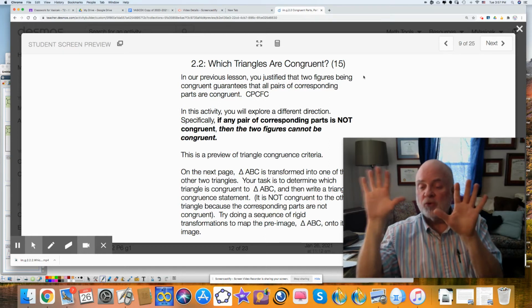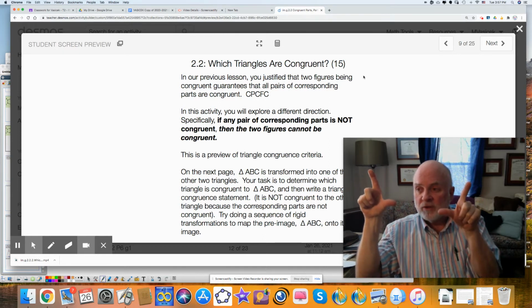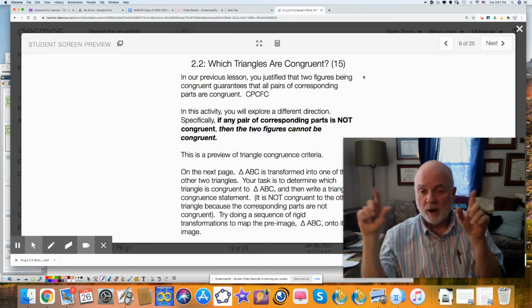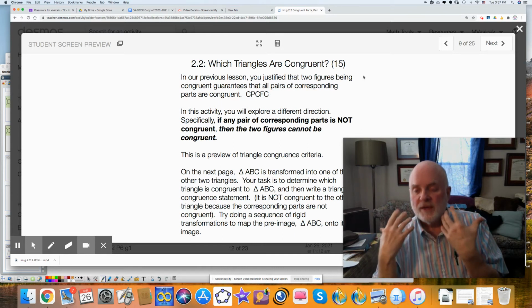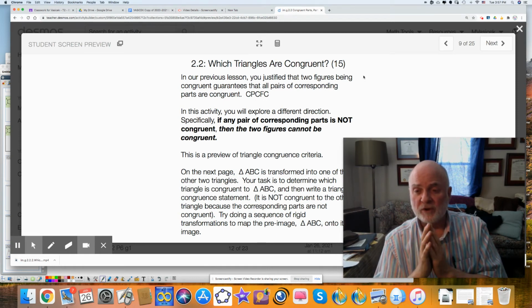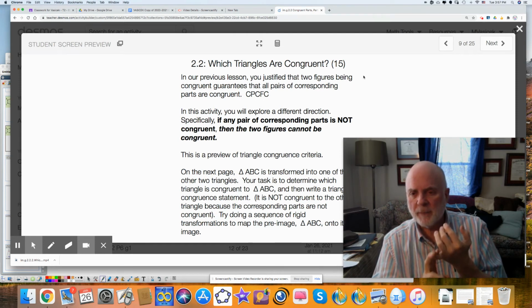And if I can map the two figures onto each other, I can match the individual parts by doing that same set of rigid transformations to the parts. So if two figures are congruent, yesterday we verified that all of the corresponding parts must be congruent. So CPCFC: corresponding parts of congruent figures are congruent.